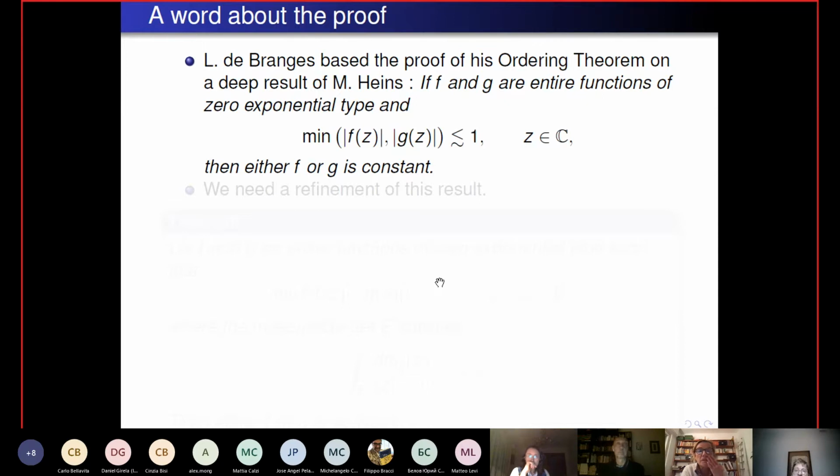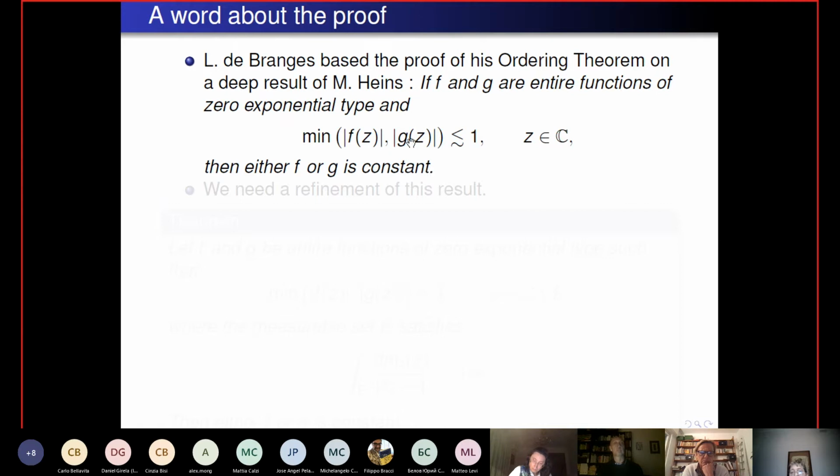So let me just tell you a word about the proof. I won't talk you through the whole proof, but if you go back to Louis de Branges, the way he proves his ordering theorem is he starts with a very deep result of Maurice Heins, which says that if you take the minimum of the moduli of two entire functions of zero exponential type, and that's bounded, then one of them must be constant.